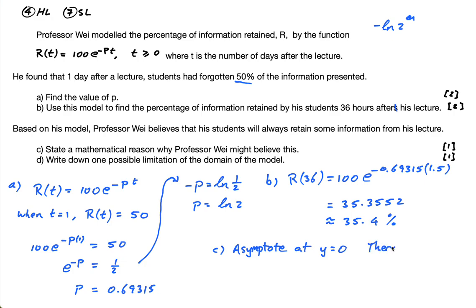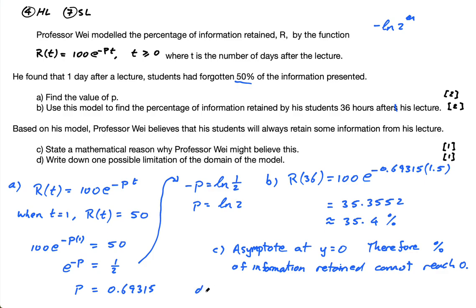Therefore, percentage of information retained cannot reach 0. That's definitely enough for 1 mark.